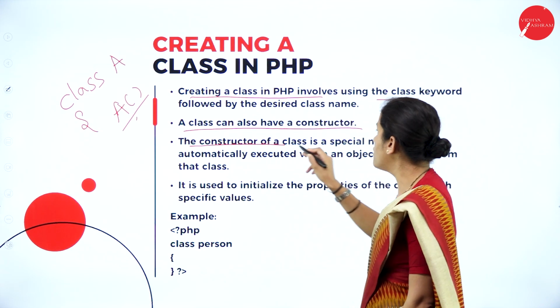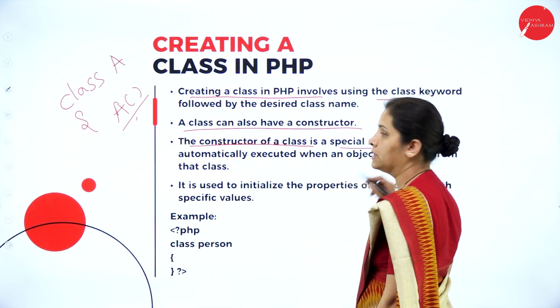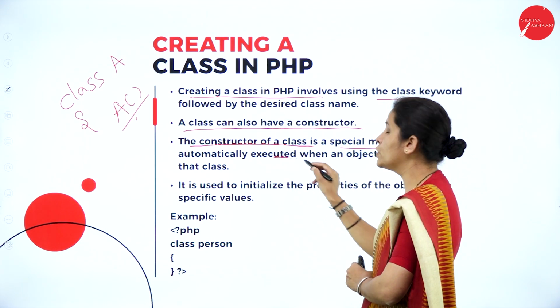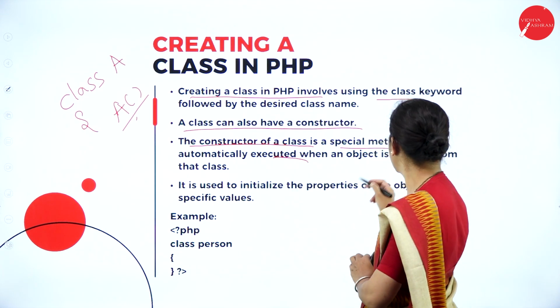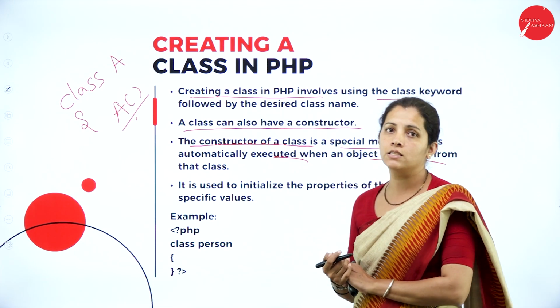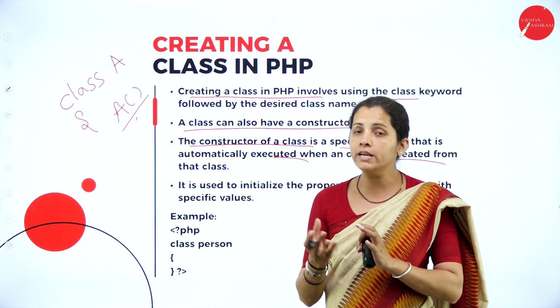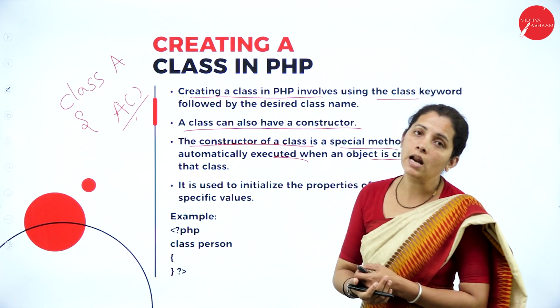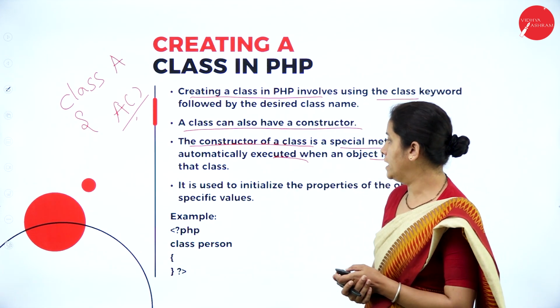The constructor of the class is a special method. It is automatically executed when an object is created from that class. When I create an object of that class, what's going to happen? The constructors are automatically executed.